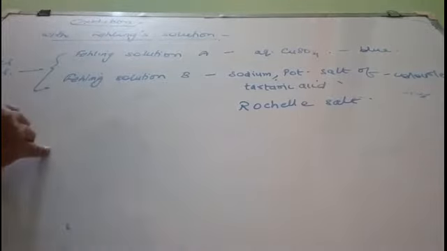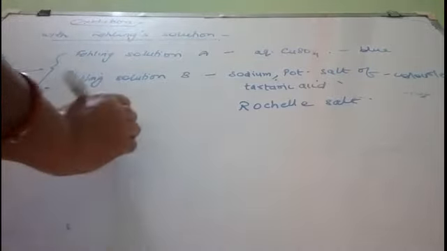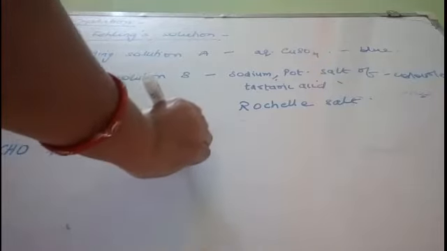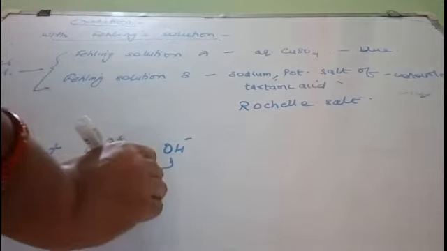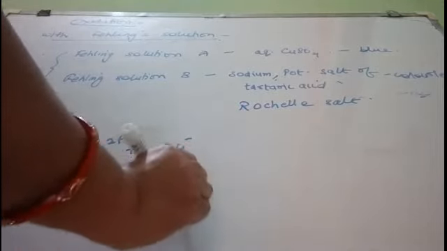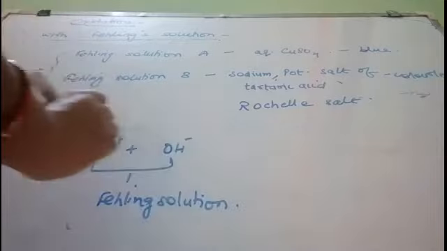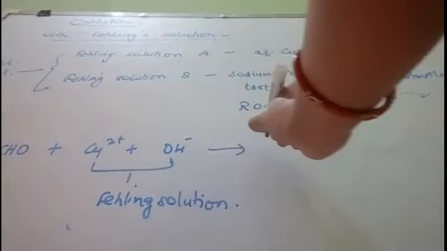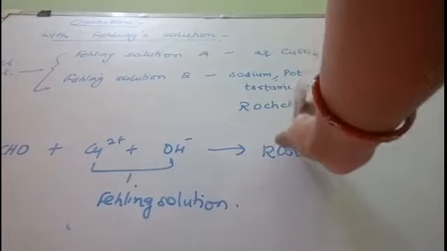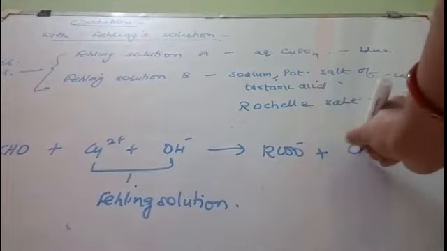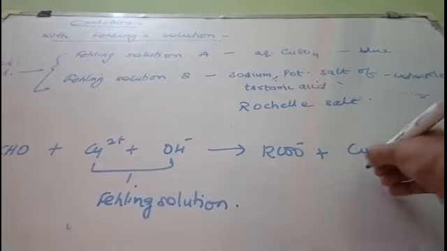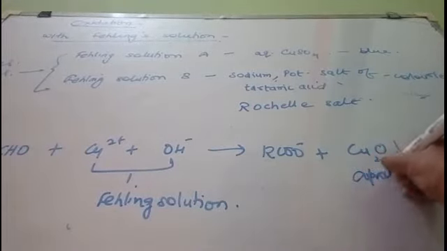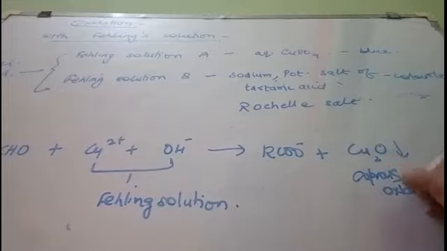When aldehydes react with Fehling solution, these ions are coming from Fehling solution. The aldehyde is oxidized to give you carboxylate ion, whereas cupric ion is reduced to give you cuprous ion. Here cuprous oxide will be formed, and it is in the form of a red precipitate.